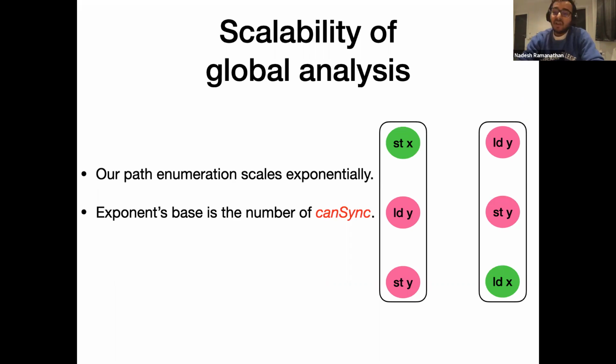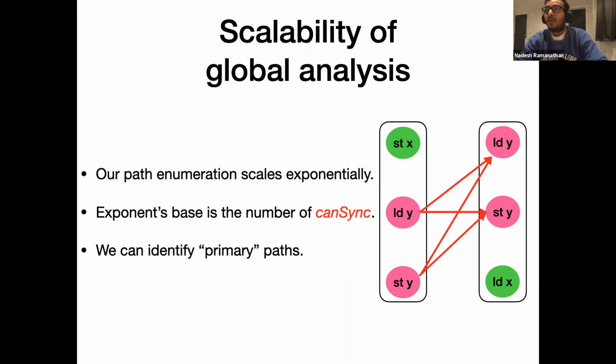We saw a lot of cases where the programs had overlapping CanSync edges. A lot of it has to do with reading a certain value from a location, doing some processing and wanting to update it, while another thread looks at the same location and wants to update it as well. This happens with compare-and-swap a lot.